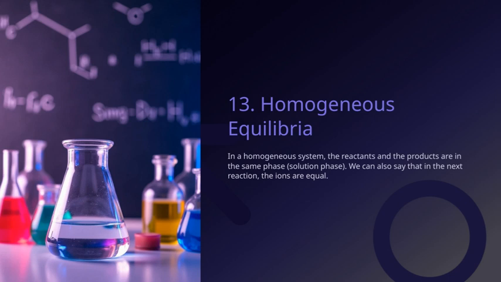So, in the next reaction we look at, the ions are essentially in a state of equilibrium, meaning their concentrations remain constant over time. This concept of homogeneous equilibria is fundamental because it simplifies the analysis of reactions where everything is in the same phase, allowing us to focus on the interactions of ions without worrying about phase boundaries. It ties into the overall theme of understanding how reactions reach and maintain equilibrium in different systems.